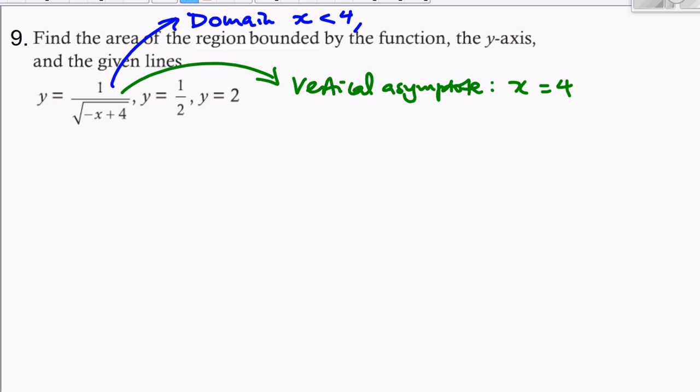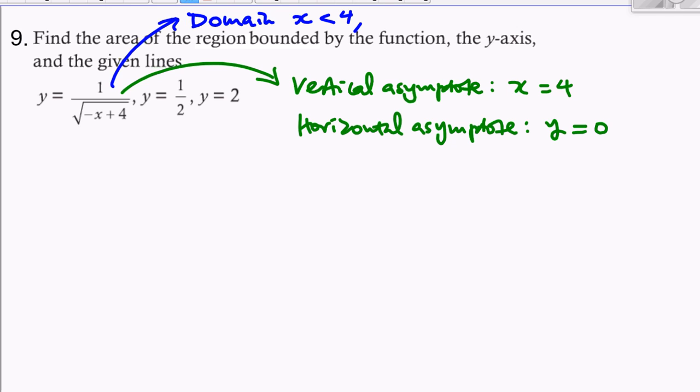If we equate the denominator to 0, we find that x is equal to 4. The horizontal asymptote will be y is equal to 0. I showed you previously, when you're looking at functions, how to find the horizontal asymptote.